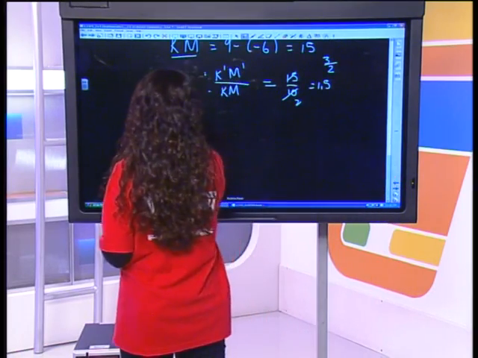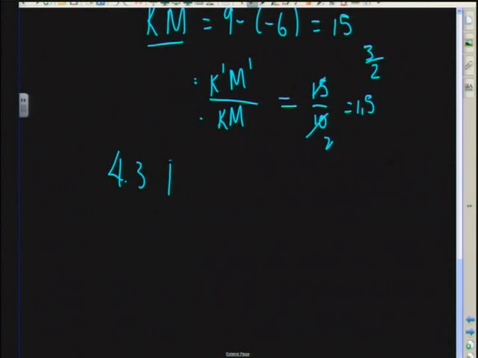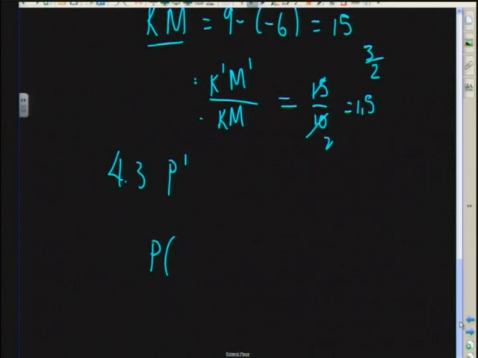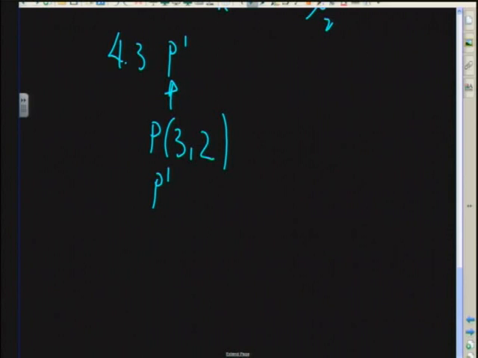And this is now 4.3. We're looking for P prime. We were given that the original coordinates of P were 3 and 2. So to get to P prime, all we've got to do is times by a factor of enlargement of 3 over 2.